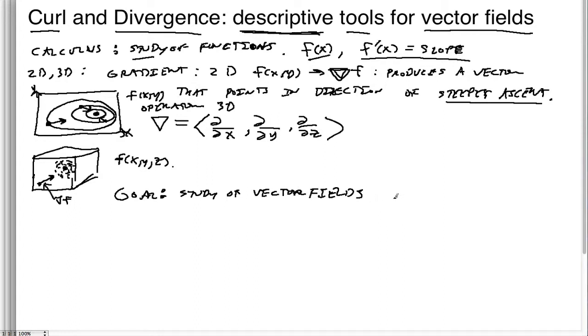It could be also the velocity of fluids flowing through space. So many examples of vector fields. And so we want new tools, some other tools to study vector fields. And the two tools are that of the curl, and the other one is divergence.